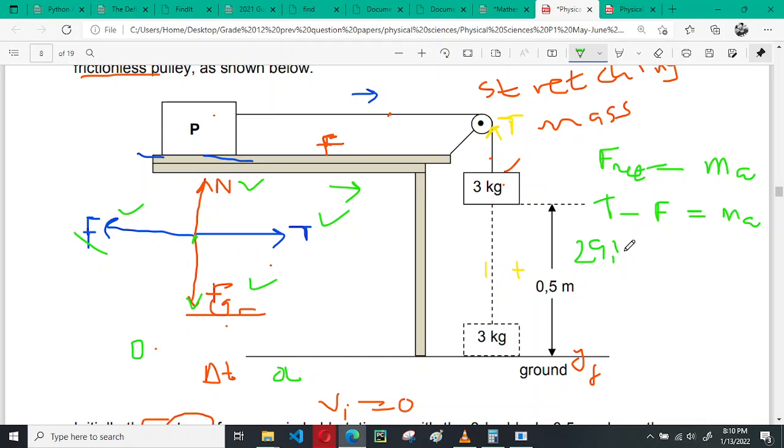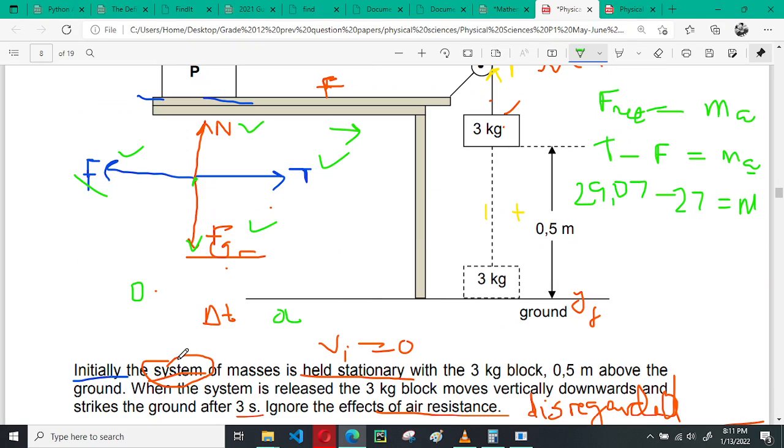times a, because these two blocks are a system. Because they are a system, it means they are connected and move at the same acceleration, which we found here. So our acceleration is that same 0.11, if you remember.